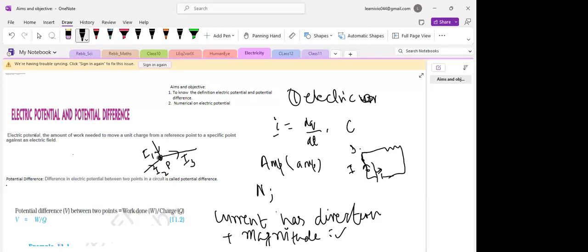How much current will be at point P? Half of I2 plus I3, like that.